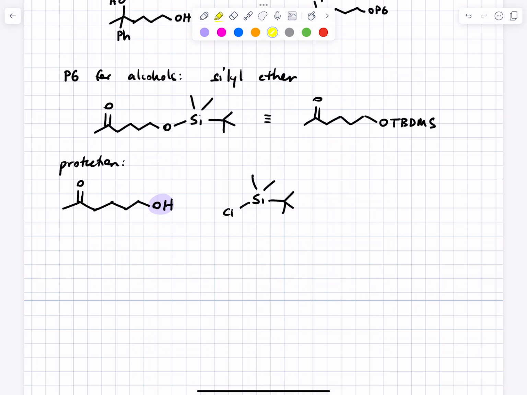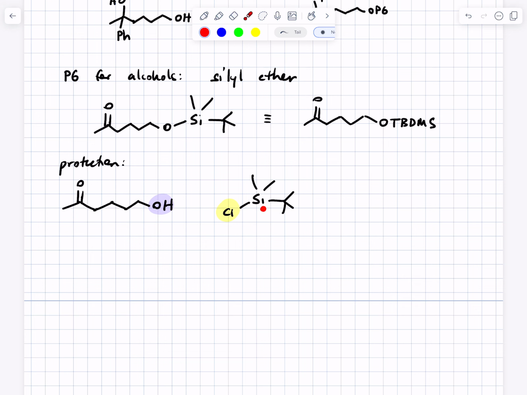Because silicon is sort of analogous to carbon, what we're doing here is basically analogous to a substitution reaction from 351. If this were a substitution reaction, you'd say, oh, look at that tertiary carbon.